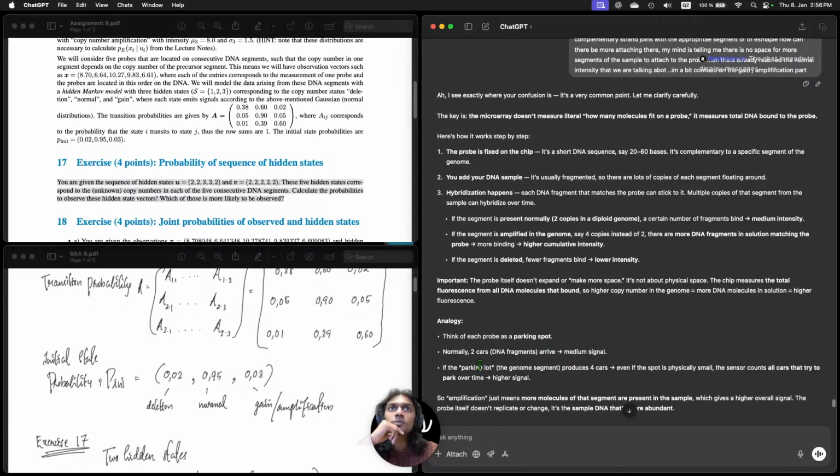Think of each probe as a parking spot. Normally, 2 cars arrive, medium signal.